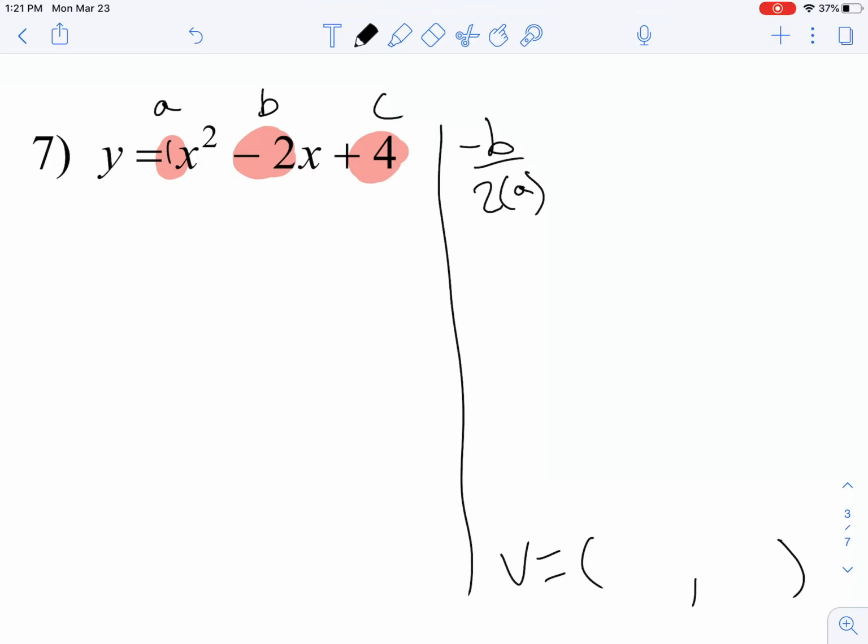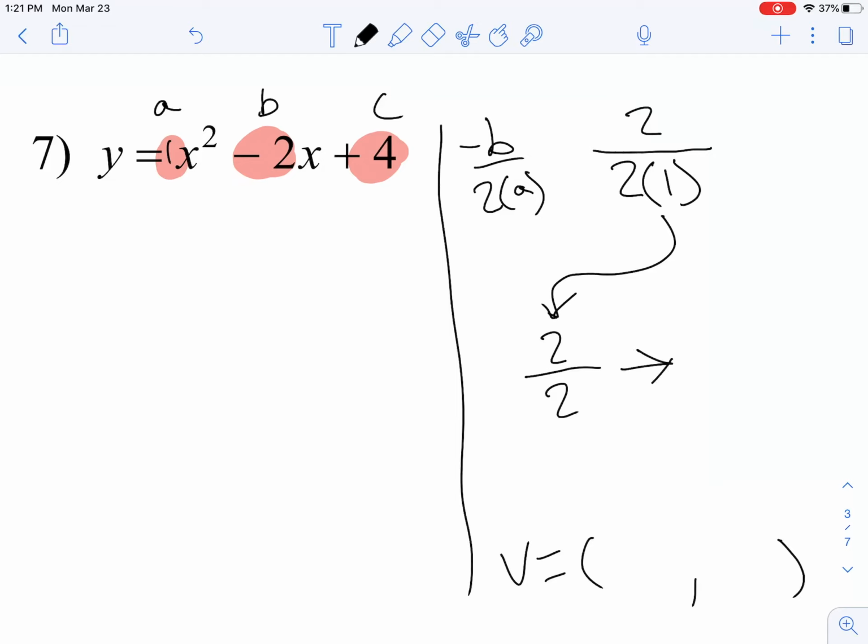So we're saying the opposite of b, the opposite of negative 2 is positive 2, over 2 times whatever my a value is. In this case, it's 1. And that doesn't make 21, that makes 2 times 1. So we get 2 over 2 times 1, which is 2. And when we reduce those, or divide, 2 divided by 2 gives us 1. So the first point in my vertex is a 1.